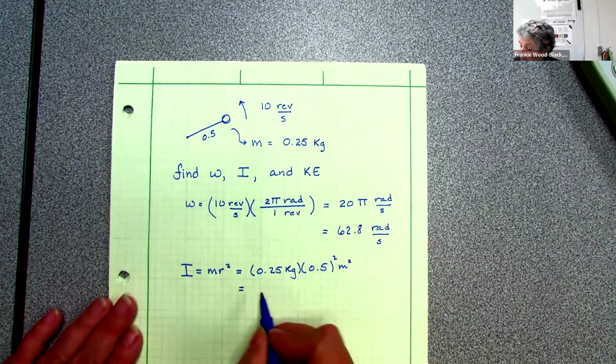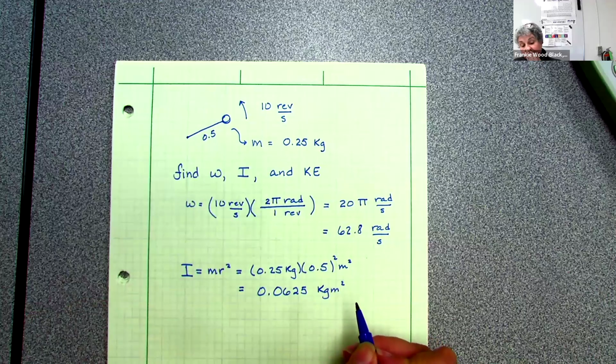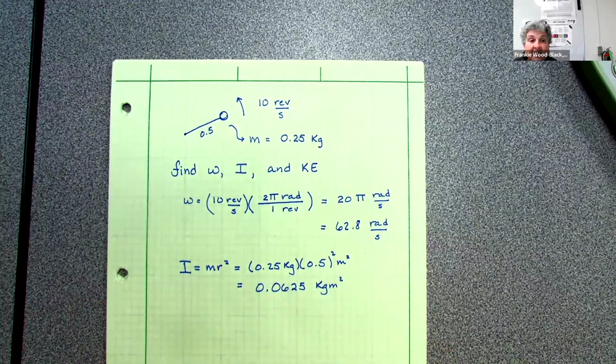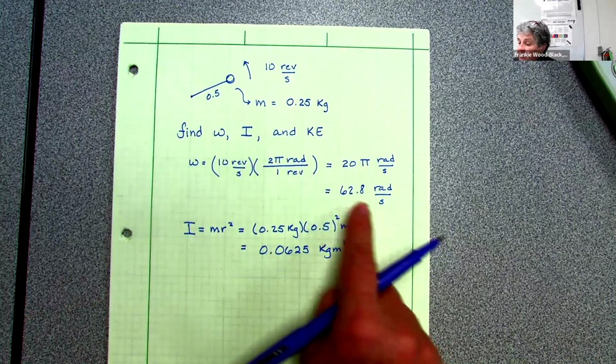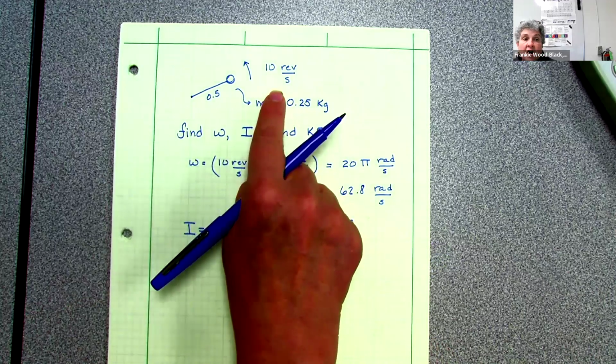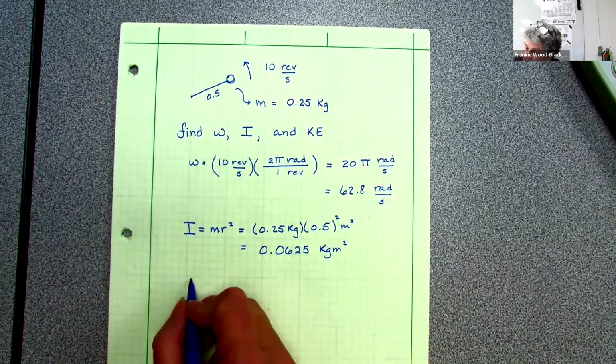And that's going to give me 0.0625 kilograms meters squared. Now, this is where things get really interesting. My moment of inertia is kind of small. This is actually kind of a slow slingshot, but look at the kinetic energy.